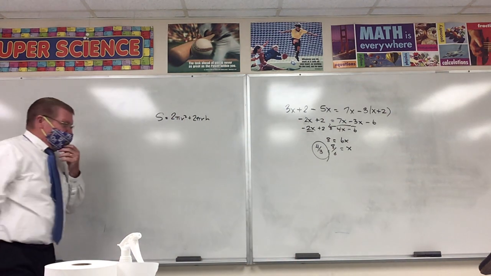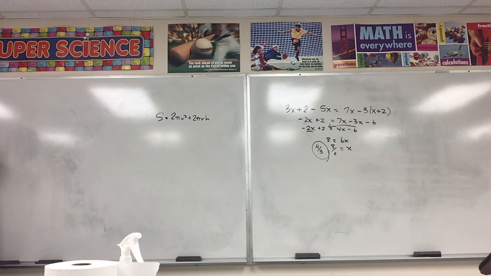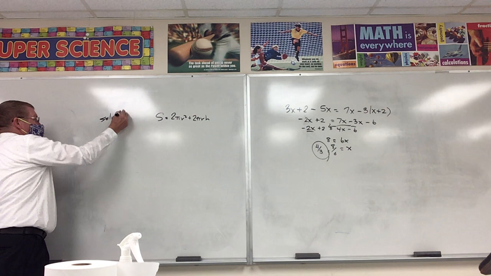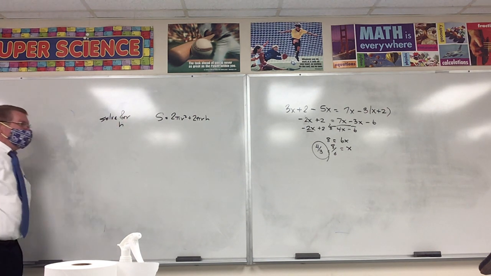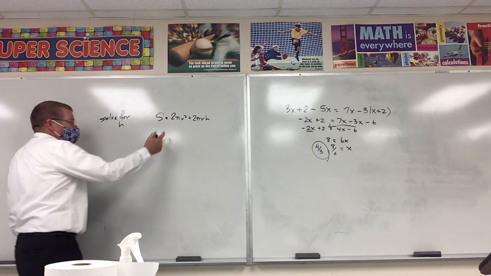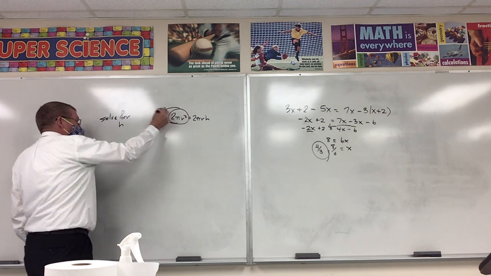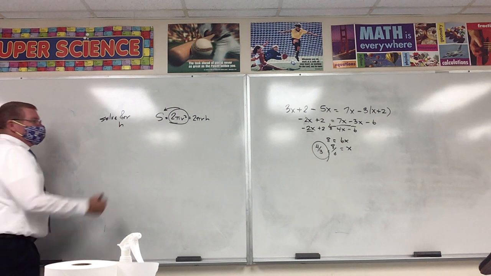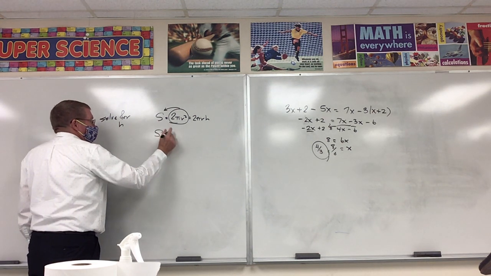So even abstract equations that have variables and letters in them, we want to solve for h. To solve for h, we want to get rid of anything that doesn't have an h. We want to get rid of this, take it to the other side. When we take it to the other side, we're going to do what? Subtract.